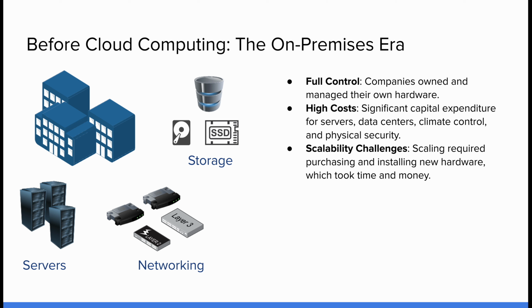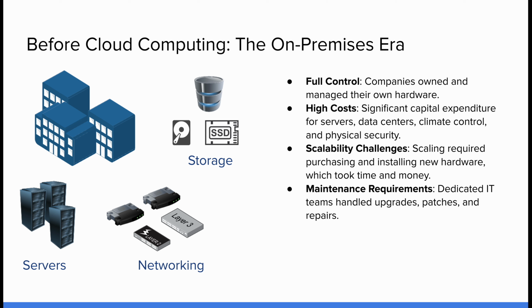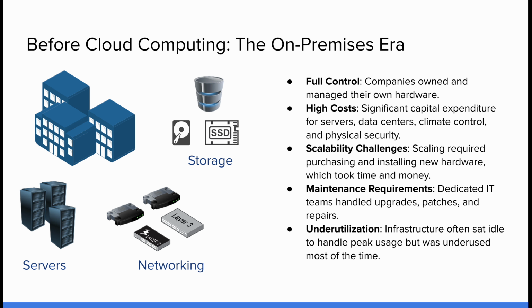Companies also faced considerable maintenance requirements. Dedicated IT teams managed upgrades, patches, and repairs. Additionally, underutilization was common, with much of the infrastructure often sitting idle in anticipation of peak usage that didn't always come. And so these pain points eventually led companies to explore other, more efficient alternatives. This set the stage for the rise of cloud computing.